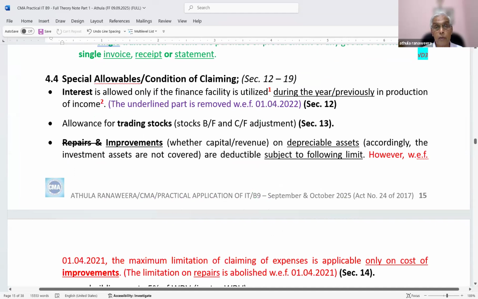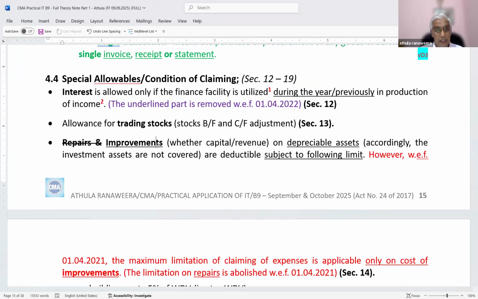Then we discussed about the trading stocks. Trading stock, as we discussed, is the usual working account of a profit and loss account. In the profit and loss account, the first part, normally now we summarize and show only the income, the turnover, then direct expenses, cost of sales, then profit.